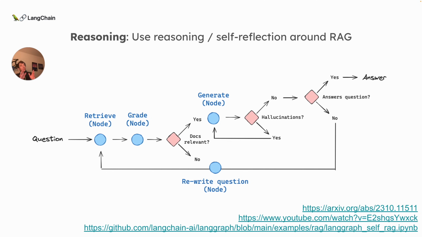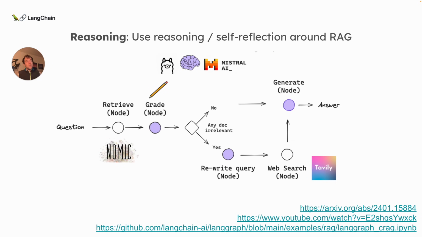So anyway, I think it's a really cool approach, still relevant in the world as we move towards longer context. It's like building reasoning on top of RAG in the generation and retrieval stages. And a related point, one of the challenges with RAG is that you may have a question that asks something that's outside the scope of your index, and this is always a problem. So a really cool paper called C-RAG, or corrective RAG, came out a couple months ago that does grading, just like we talked about before.